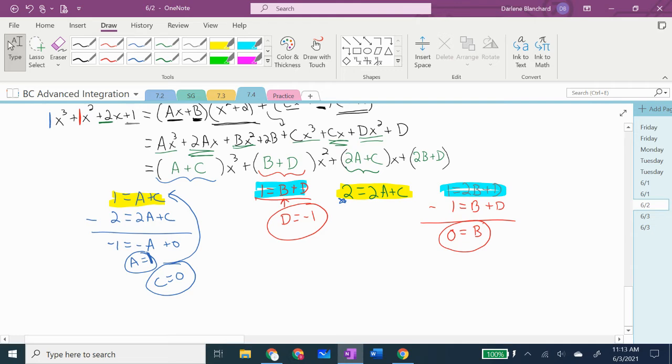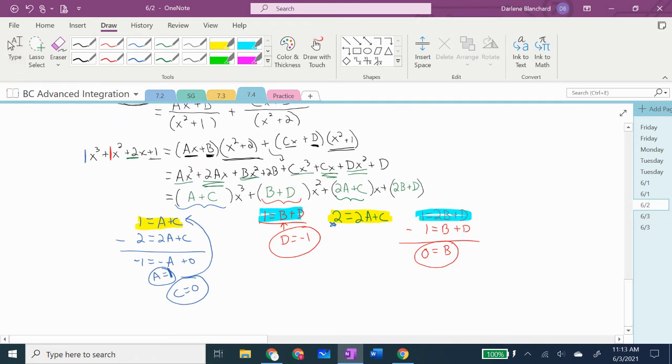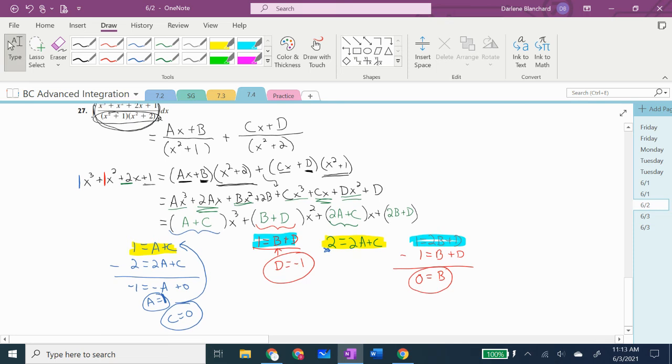And now I'm going to take those constants and rewrite my integrand as 1x plus 0, or just x, over x squared plus 1.